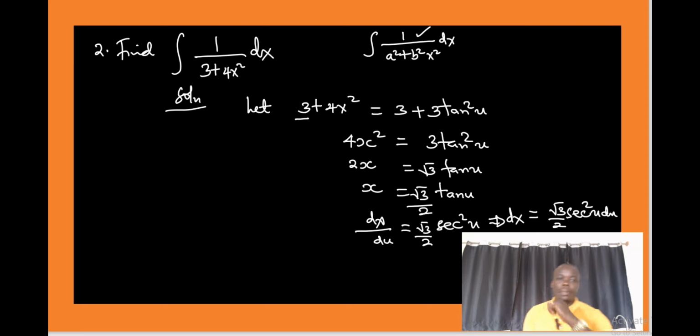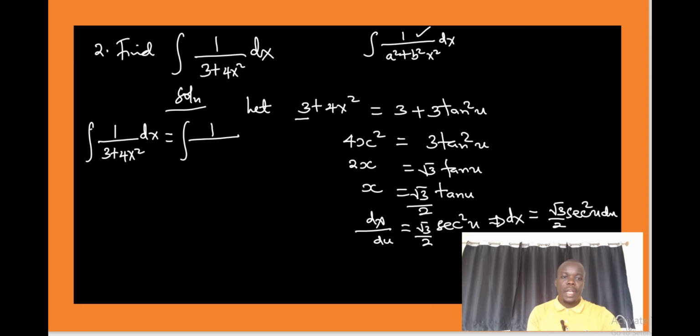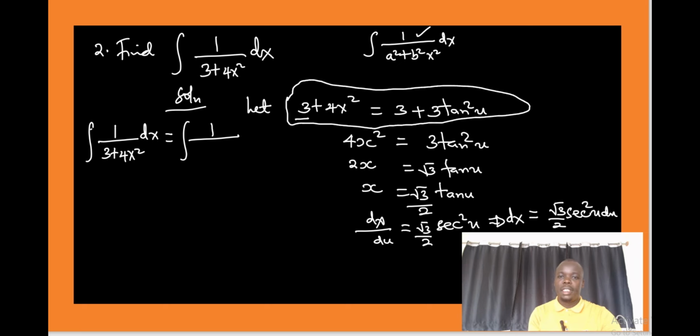Then we get back to our original function. We are now going to say integral of 1 over 3 plus 4x squared with respect to x is actually the same as the integral of 1 over, where there is 3 plus 4x squared, remember, we made a commitment at this level, and we said it is the same as 3 plus 3 tan squared of u.